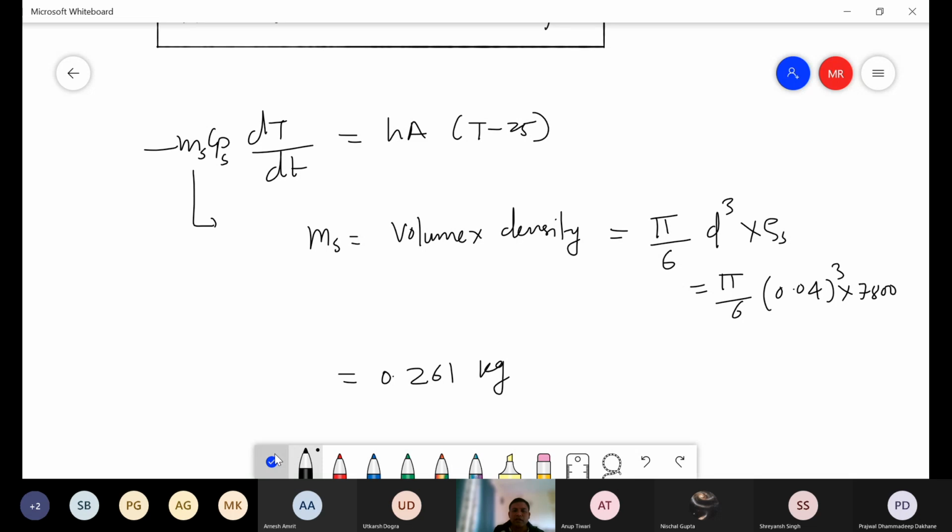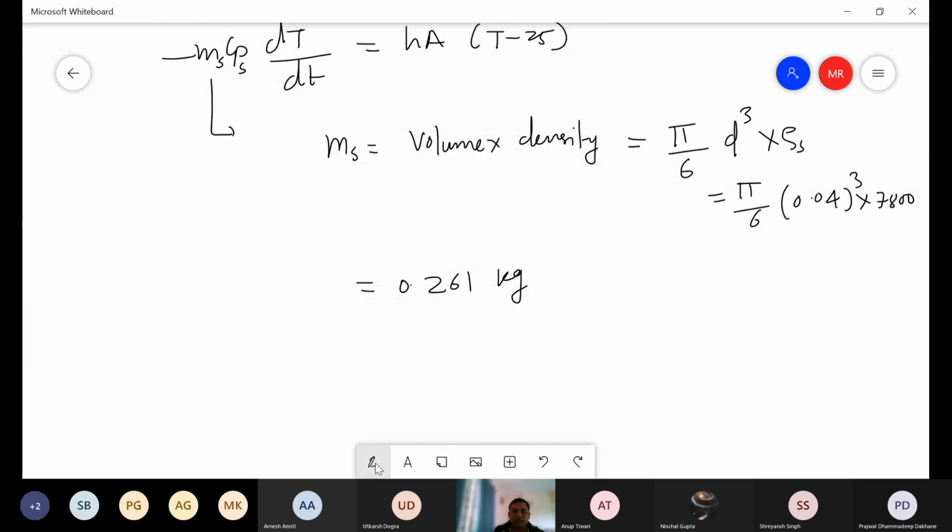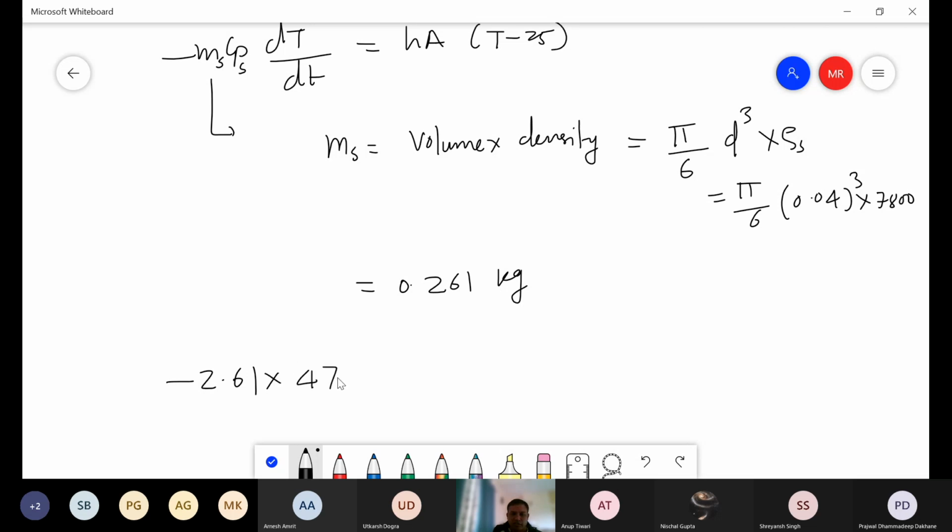So we can write down the balance now based on this. Minus 0.261 into the specific heat of the ball, which is also given in the problem statement, that is 473 joule per kg per degree Celsius, 473 dT by dt.